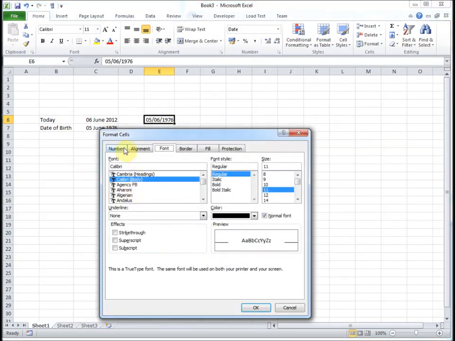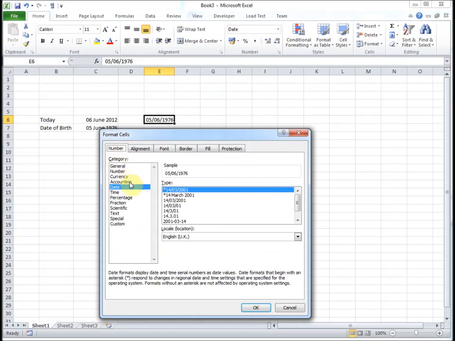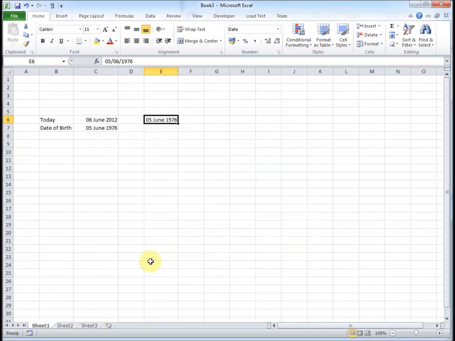Again, I'm going to say number is going to be for date, but using an unambiguous format, and press OK. And yes, it's worked out it's the 5th of June. But some machines are formatted differently, so you can't always rely on an English date. It's always good to check what you've actually got when you're dealing with dates.